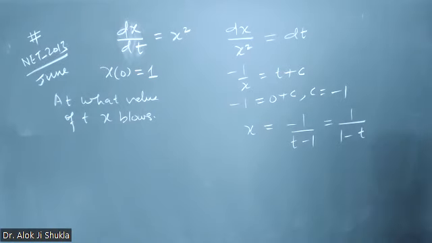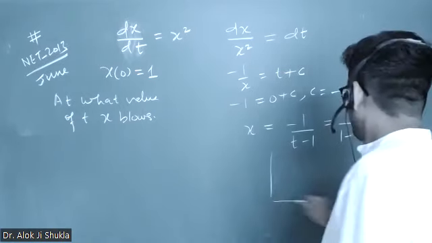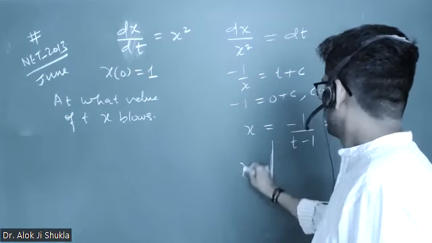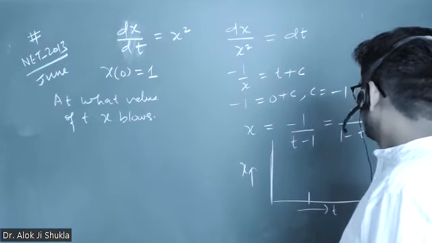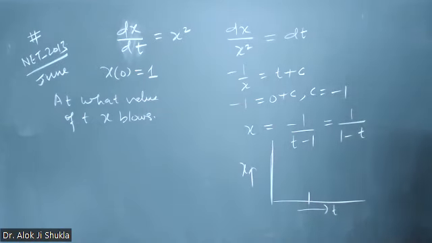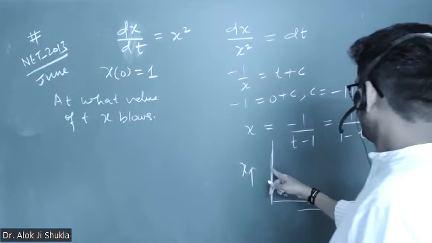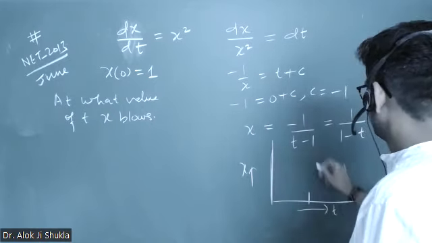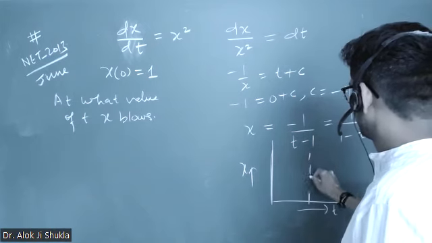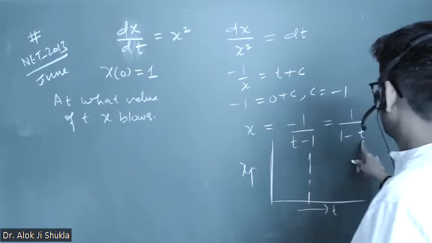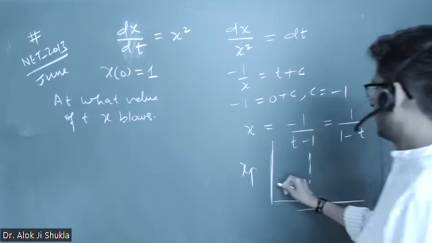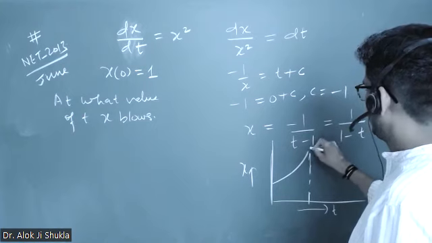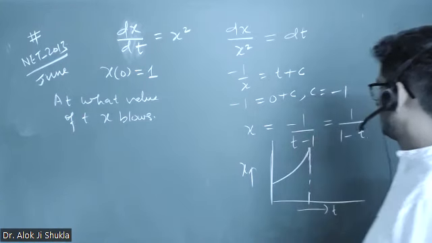So you can see that the graph of this function will be like this. If suppose it is 1. So if t is 0, the value will be 1. And as t starts increasing, it will approach like this.